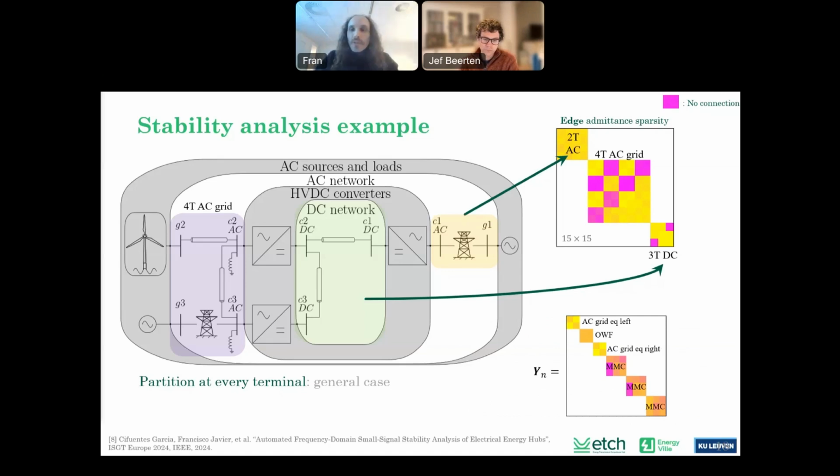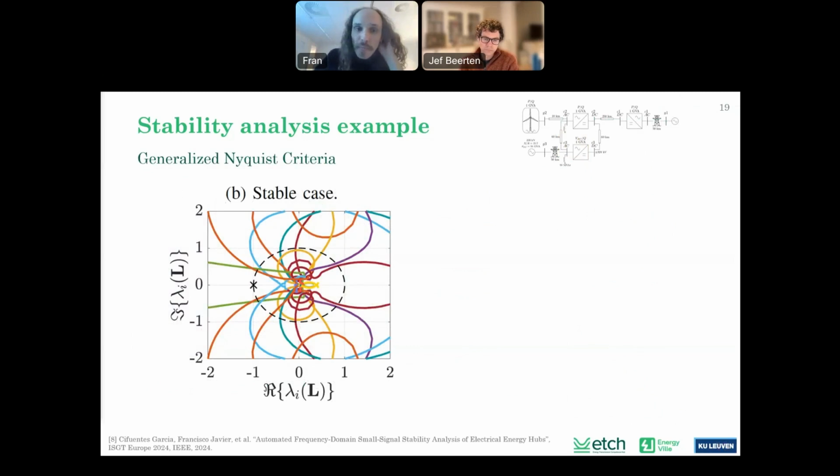So now that we have the frequency domain characterization, let's say, we can assess the stability. So let's apply Nyquist as introduced before. Here, what we can see is these eigenloci. We are looking at the Nyquist plot, or the generalized Nyquist plot, if you will. And what we can observe is that none of these curves encircles the critical point, the -1.